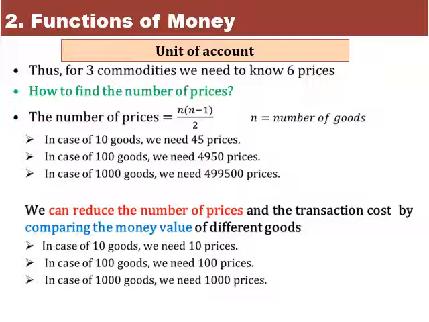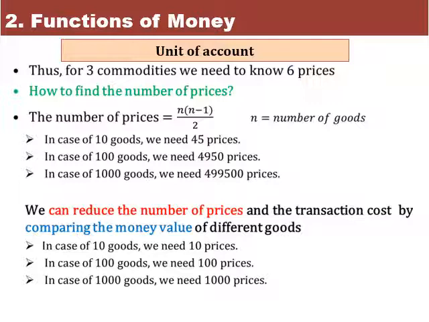For example, if we have 10 different goods, we need to know 45 different prices to be able to exchange one good for another. And if we have 100 goods, this means that we need to know 4,950 prices.